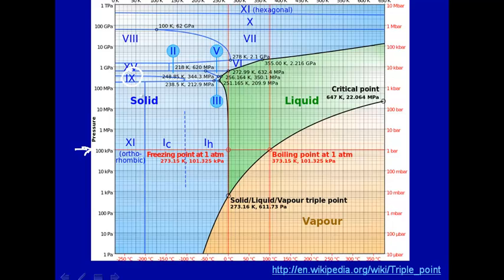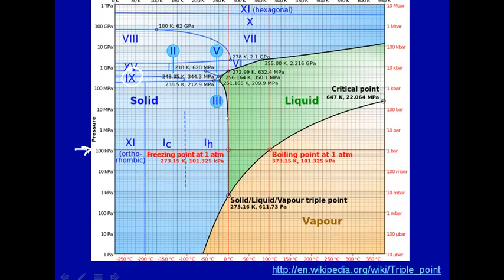Another interesting point, maybe you can't really see this, but if you blow this up, this has a negative slope. So the phase transition line between solid and liquid has a negative slope for water. What does that mean? Normally you think of a liquid, and if you increase the pressure on it at constant temperature, you're forcing the molecules together, and the liquid would change into a solid.